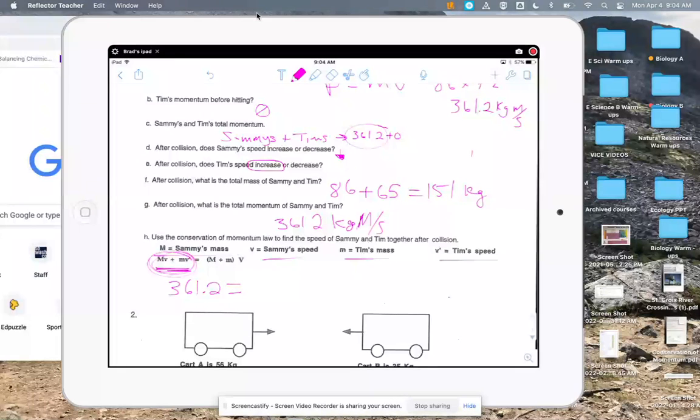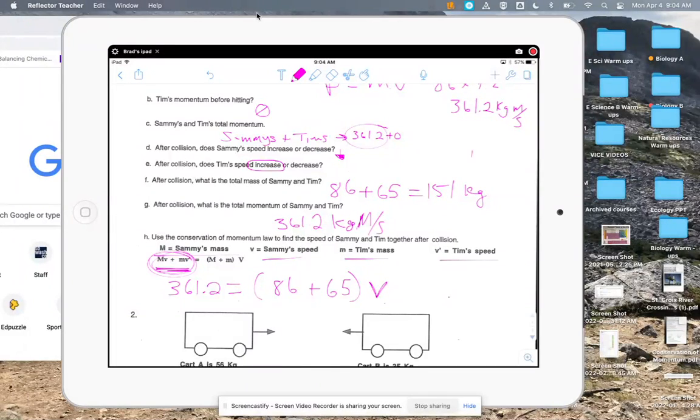It's going to be equal to both of their masses. So Sammy's mass, 86 kilos, plus Tim's mass, 65 kilos, multiplied by their new velocity. Okay?